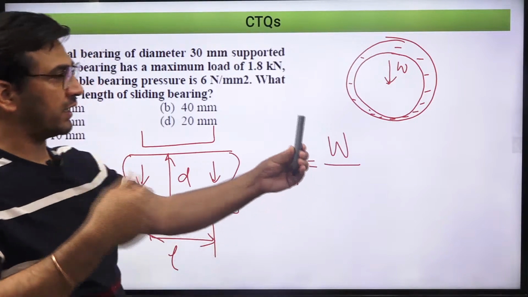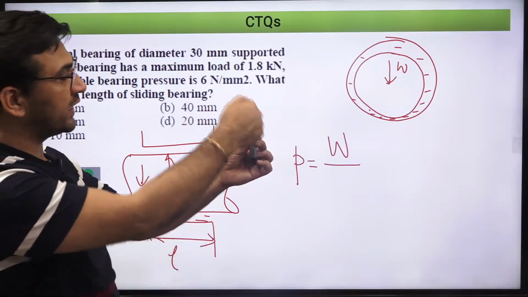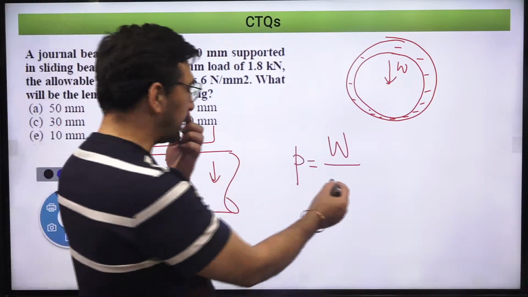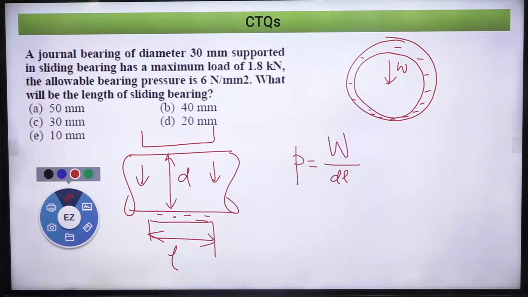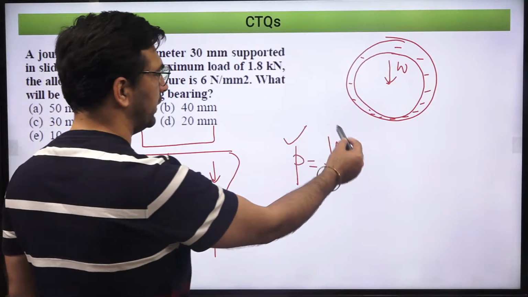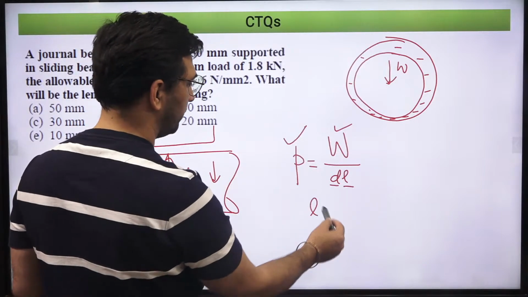Projecting means, if you throw the light from here, over there you will see the rectangle. That is the projected area of this pen, which is of circular section. So it is D into L. That's all. So if the average pressure inside the bearing is given, W is the load that you are applying, and then you can find out the length of the bearing from here.